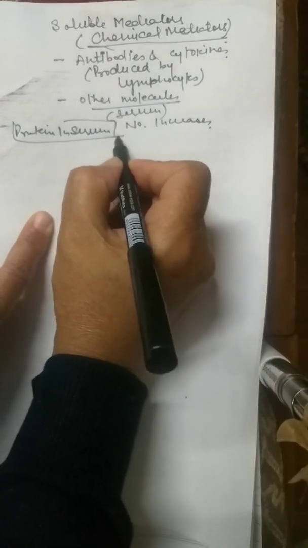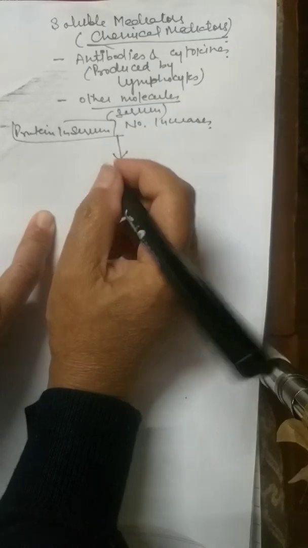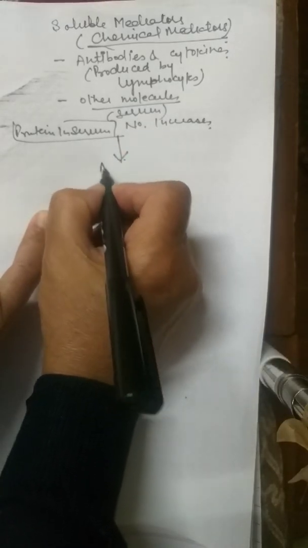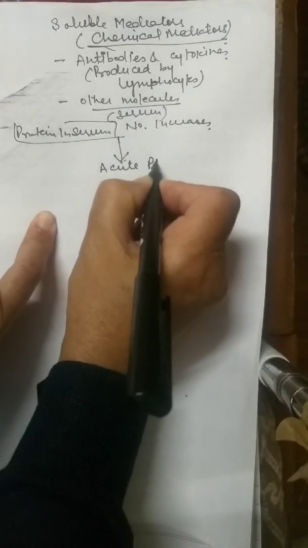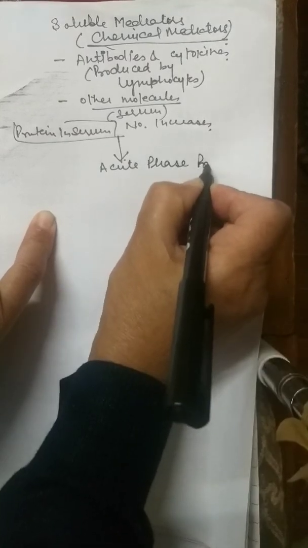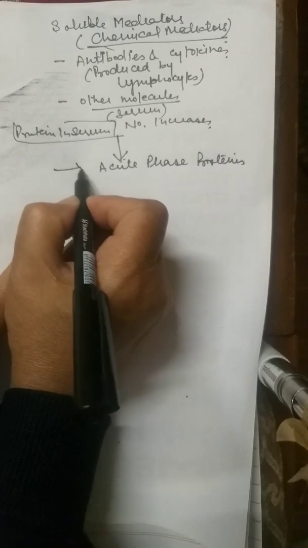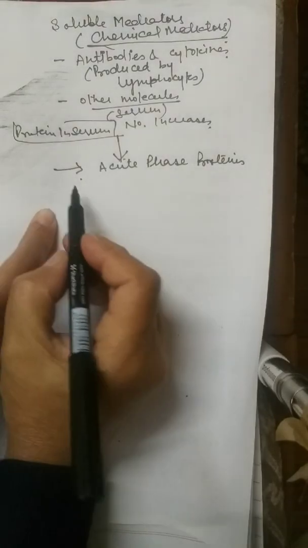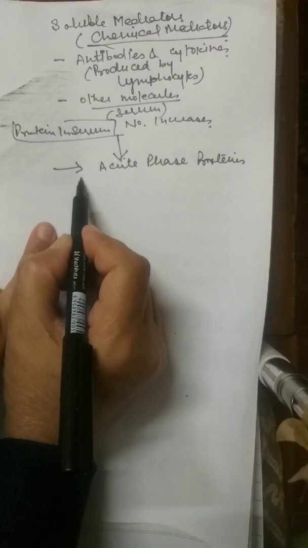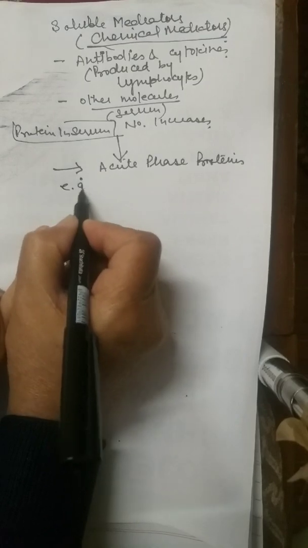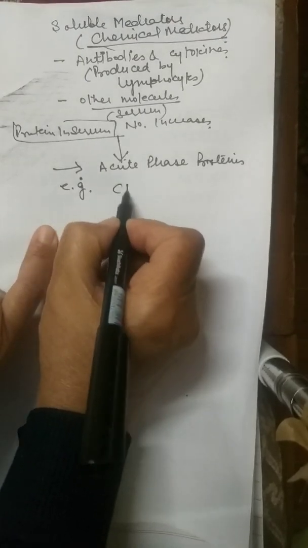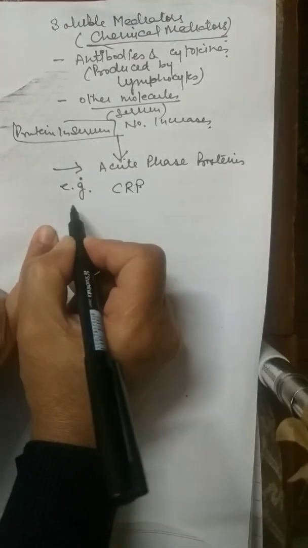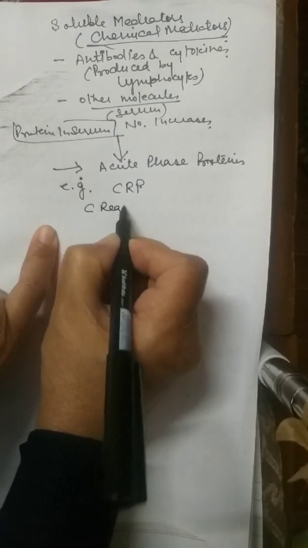Such proteins whose number increases during infection are called acute phase proteins. So this is another type of chemical mediator which is found in the body within the serum. One example of such proteins is CRP, C-reactive protein.